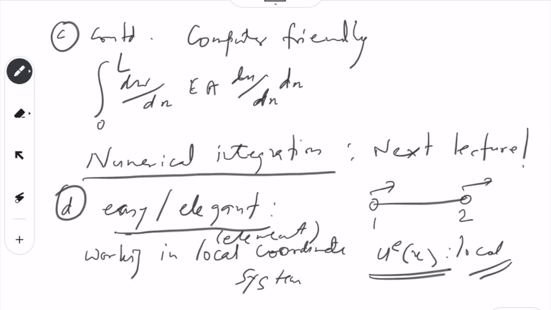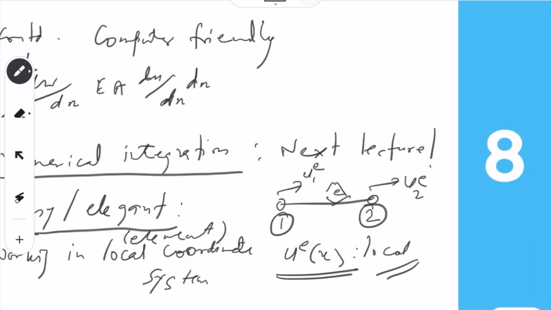Okay, so that is the idea. We look at one element, element number e, with local node 1 and local node 2, and displacements u1 and u2, all local. Now we can define u.